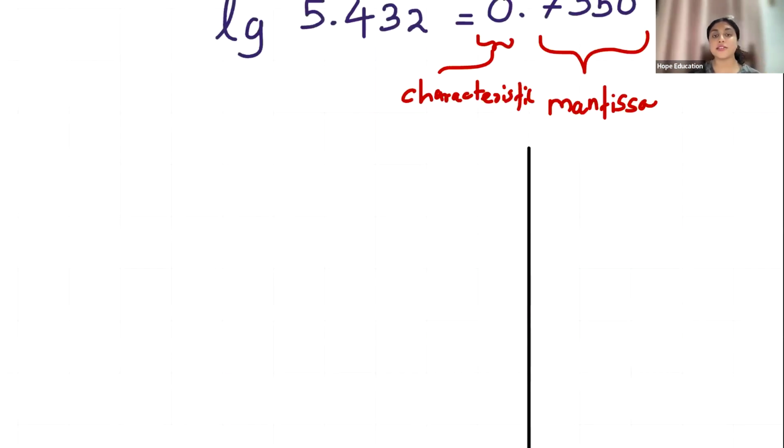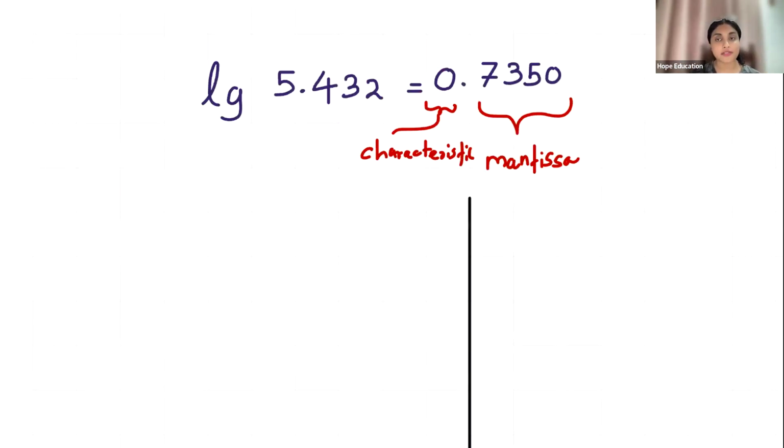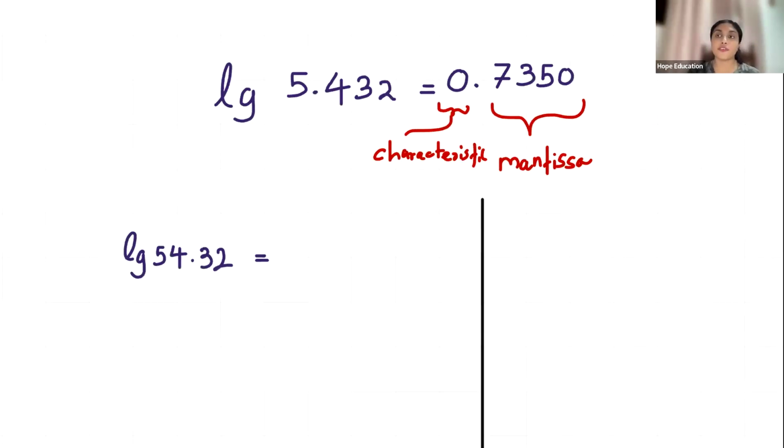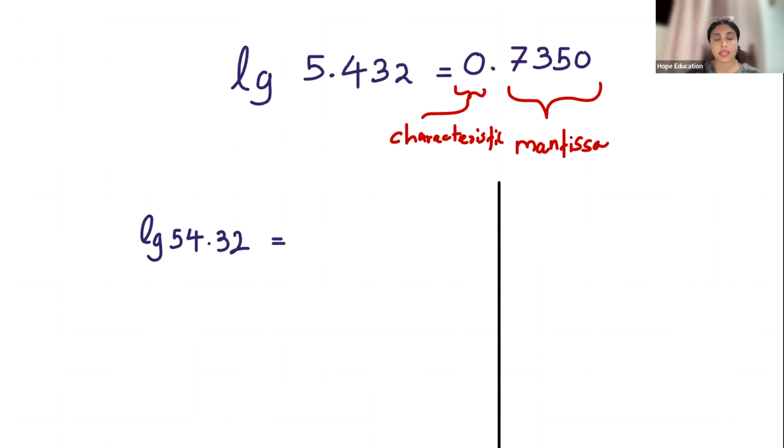Now, log of 5.432 is 0.7350. What about log of 54.32? What is the answer for this? Yes. When we read 5432 from the log table, the mantissa is what comes.